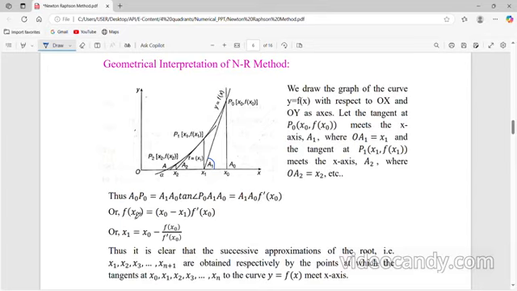So f of x0 equals (x0 minus x1) into f dash x0. So x1 equals x0 minus f of x0 divided by f dash x0.